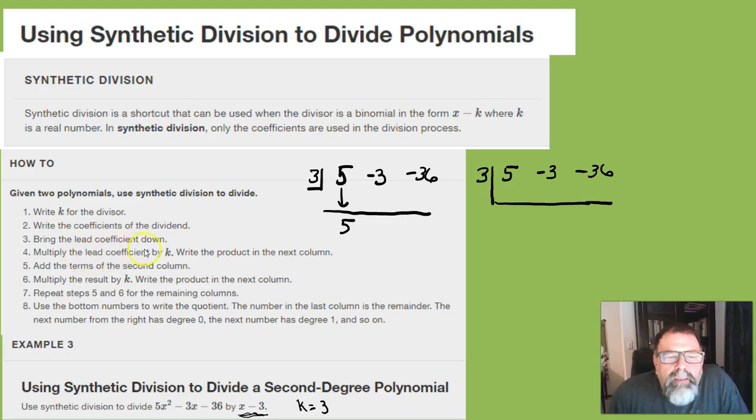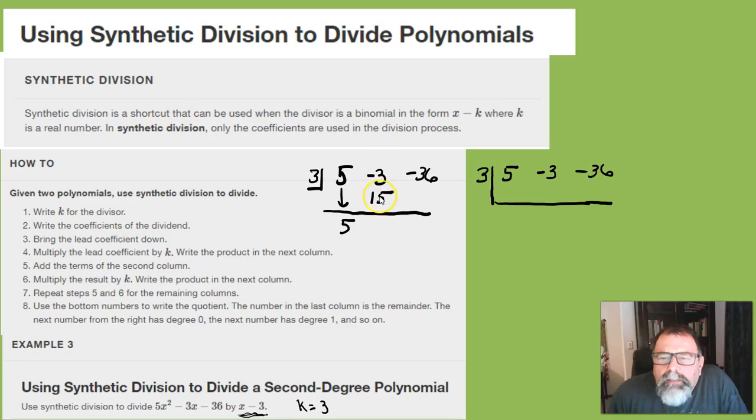Then multiply the lead coefficient by k, write the product in the next column. So this bottom row is going to be our quotient, right? This will be the answer. And then this middle row here is where we're doing the work, the scratch work, so to say. So 3 times 5 is 15. And then you're going to add the terms in the second column.